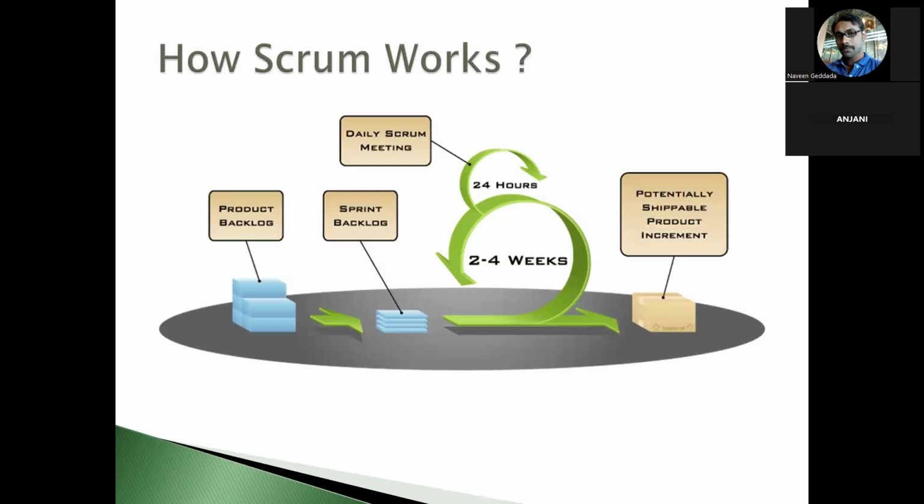Then, at the end of the sprint, we will be able to deliver some part of the product. You can call it a potentially shippable product increment. It is not giving the complete project here. It is giving a small increment. The product delivery will be done in the form of increments here.